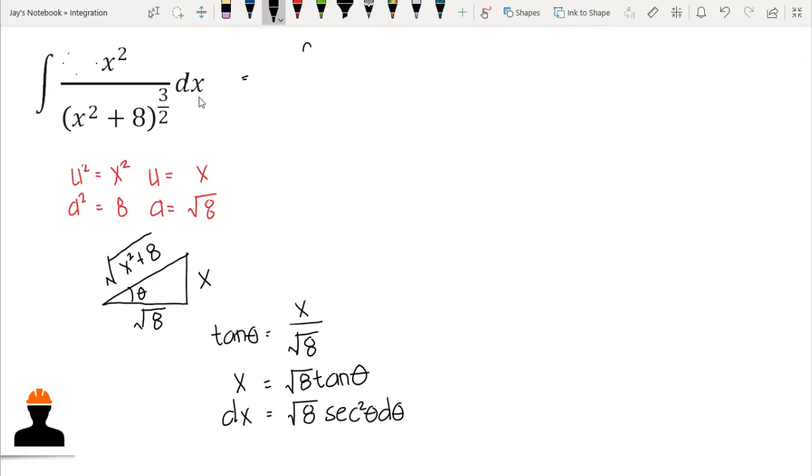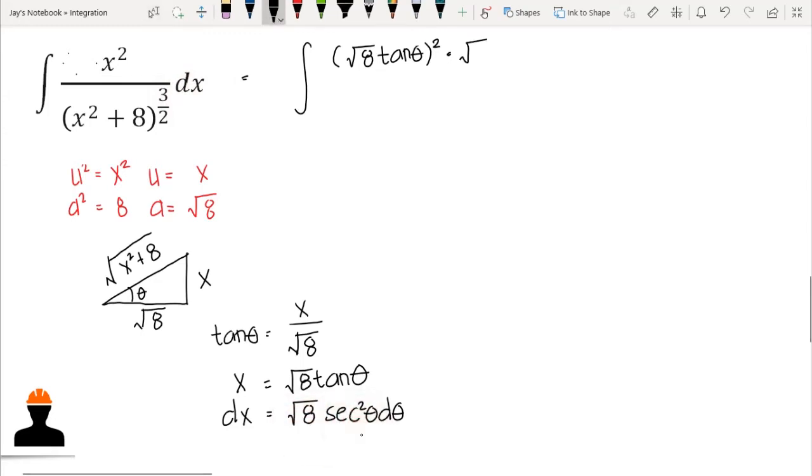So let's change everything here as a function of theta. Then we have the integration of, when we have our x here, our x is square root of 8 tangent theta, so let's substitute it here, but take note it is being raised to 2. Then we have (square root of 8 tangent of theta) squared times dx. Now our dx here is square root of 8 secant squared theta d theta.